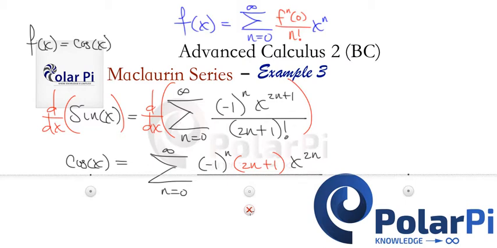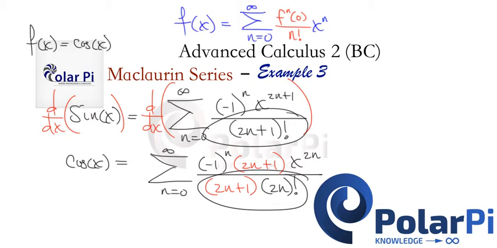But in the denominator, I'm going to choose to rewrite (2n plus 1) factorial as (2n plus 1) times (2n) factorial. This is exactly that, so I didn't do anything wrong, right? But look at this now. I could do this. Boom. Boom.